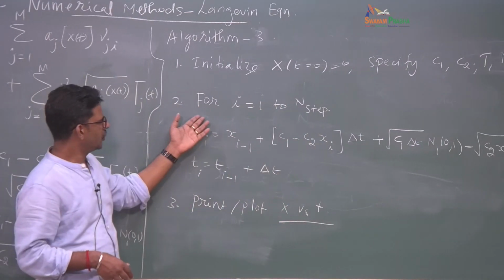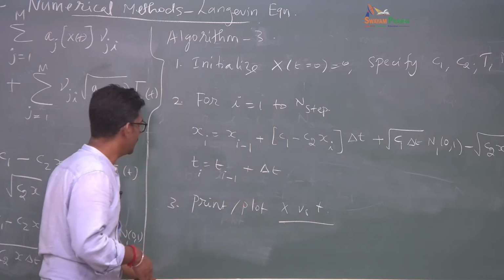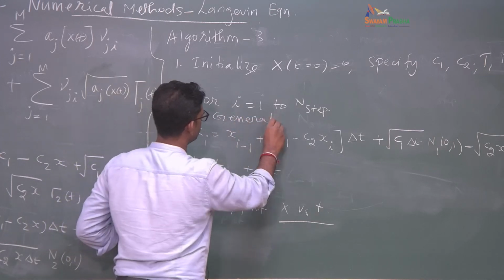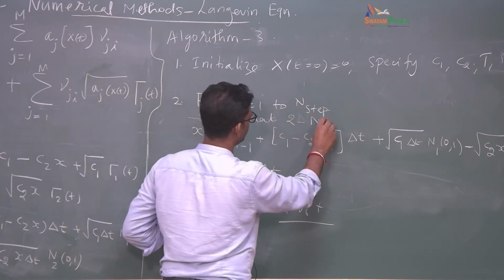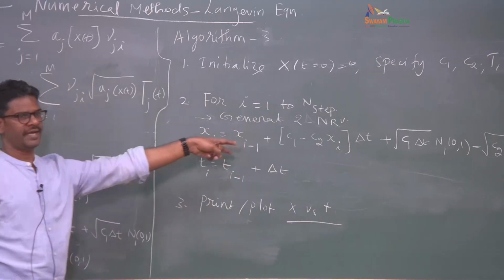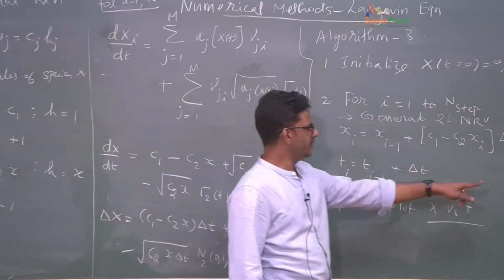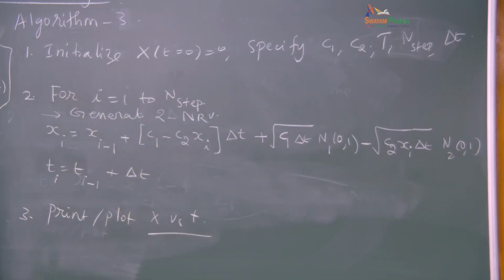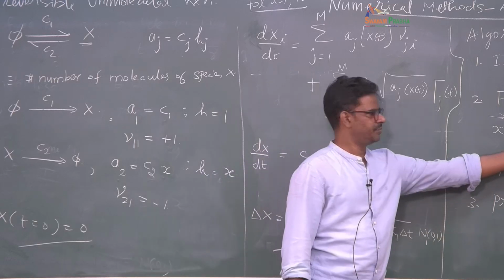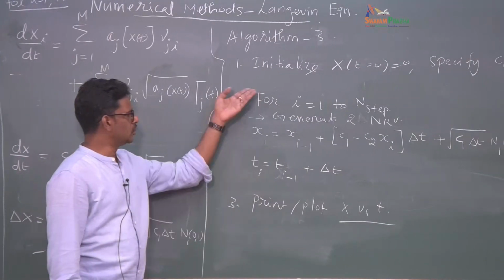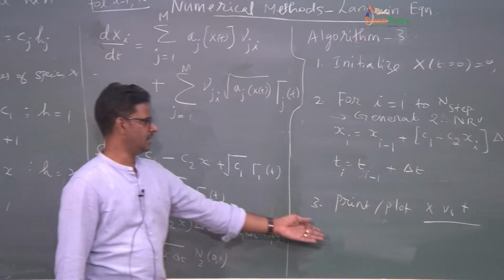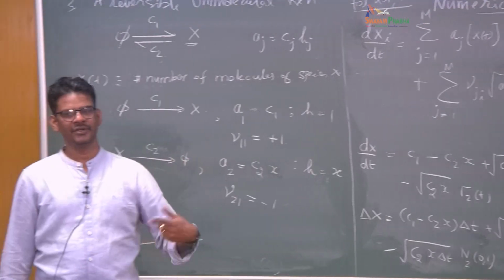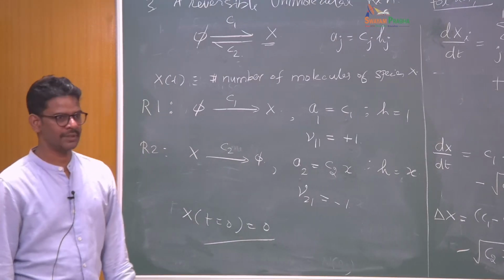If you want, you can have one statement here saying generate two normal random variables, because there are two reactions, you need two of them; one will be used here, another one will be used here, and then get the change in delta x, and that is added up here, update the time, and this loop will go on till n step. Then you can print the trajectory. Again, this is one trajectory of a chemical kinetics. You can automate for any number of trajectories you want.